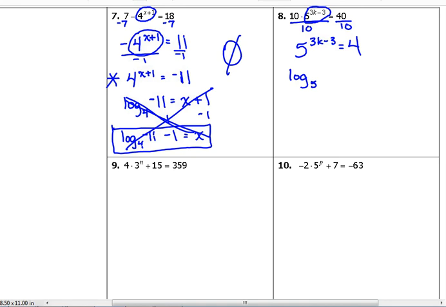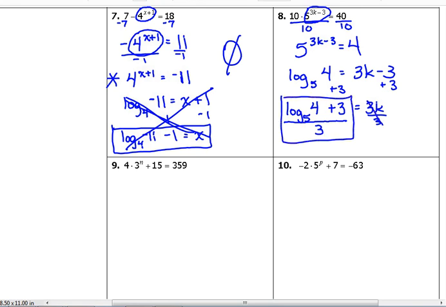Log base 5 of 4 is equal to 3k minus 3. So then we add 3. Log base 5 of 4 plus 3 is equal to 3k. And then we divide the entire thing by 3. So here is our exact answer.